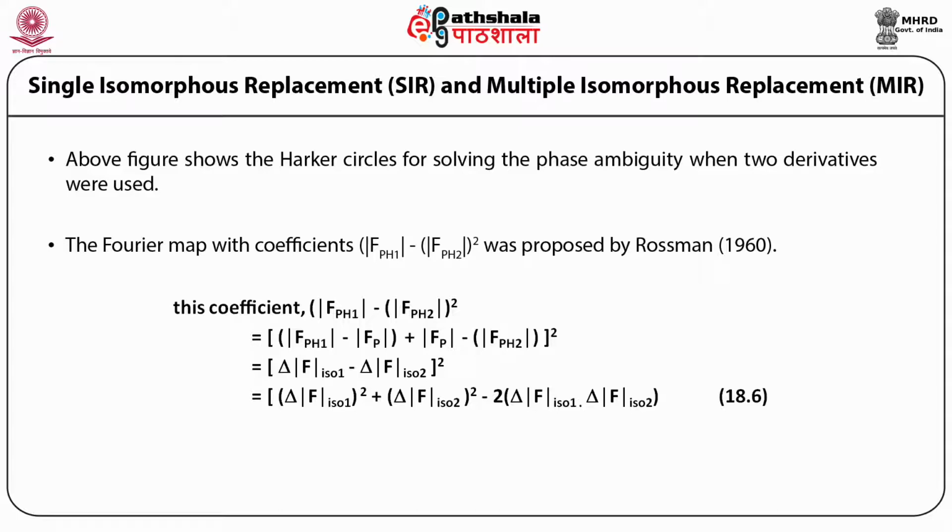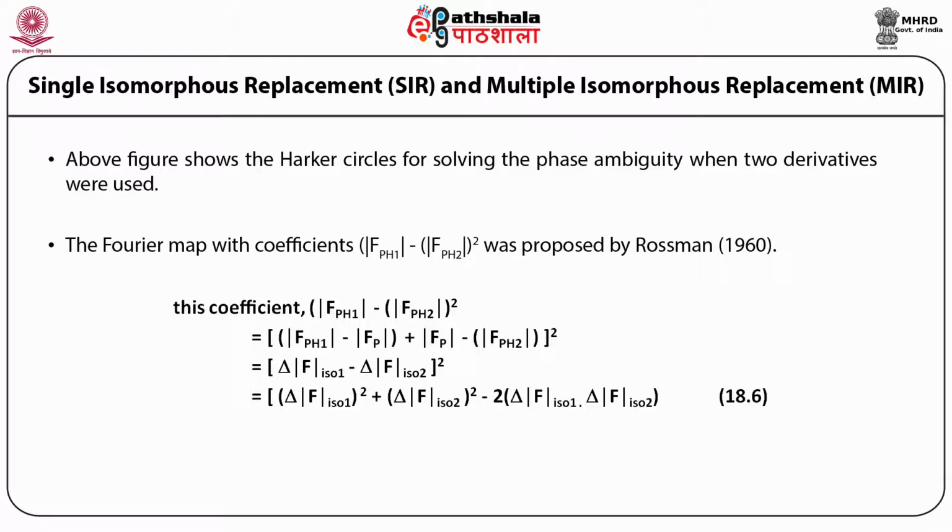That's what we have done in the next equation. If you look at the first term, it is mod FPH1 minus mod FP. This is known as the isomorphous difference, because it is derivative 1 minus native. So this is nothing but the isomorphous difference: delta mod F iso 1 minus delta mod F iso 2, the whole square.